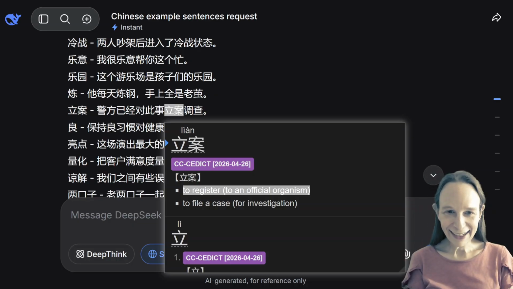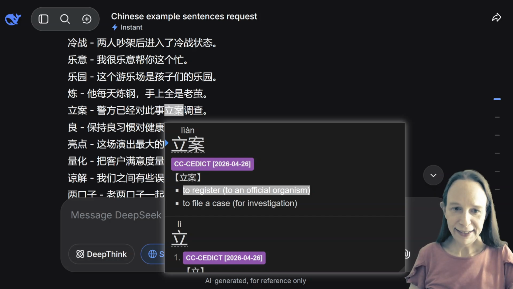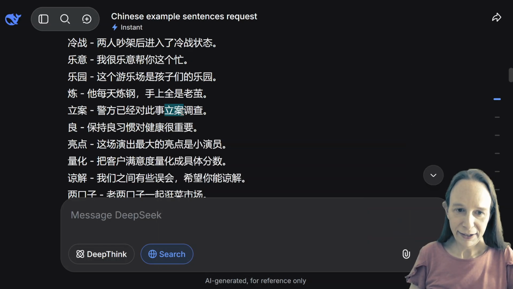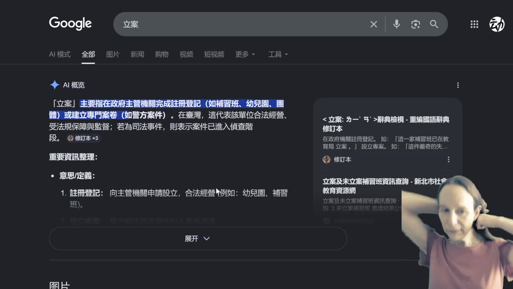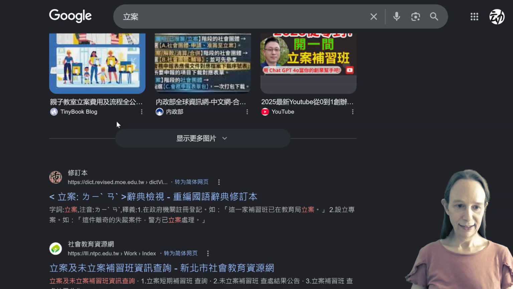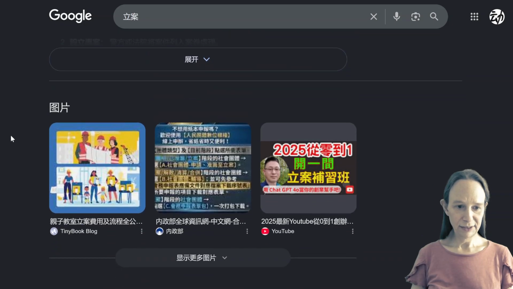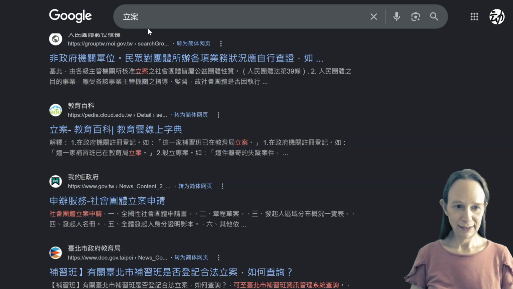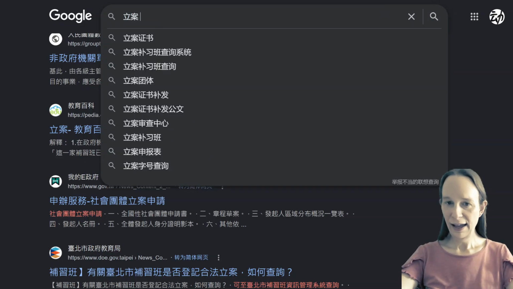All right. Li An. Let's figure this out. Not in the dictionary. It's a bit of an issue. What we're going to do is Google it. Li An. Baidu 百科.